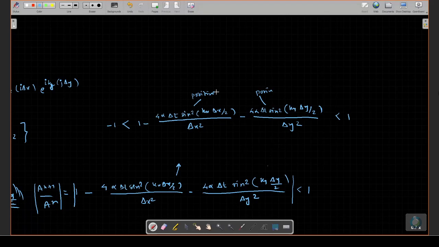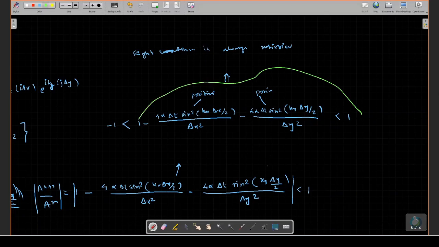So this right inequality, the less than 1 condition, is always satisfied. 1 minus all this negative will always be less than 1, so this condition is always satisfied.